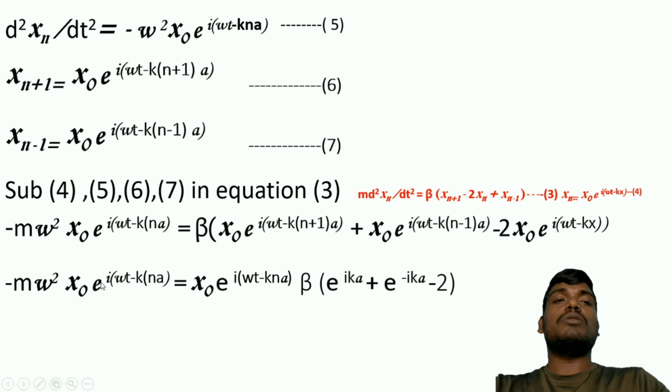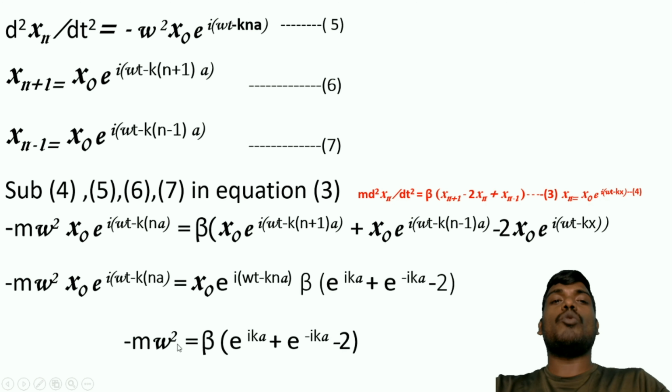Then cancel the common term x naught e to the power of i(omega t minus kna) on both sides. Then the final value: minus m omega square is equal to beta (e to the power of ika plus e to the power of minus ika minus 2).